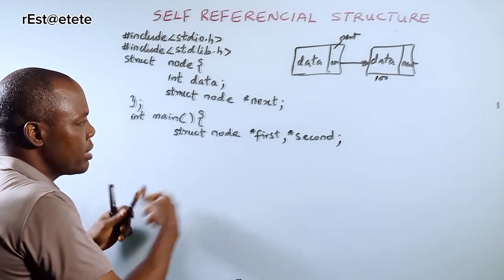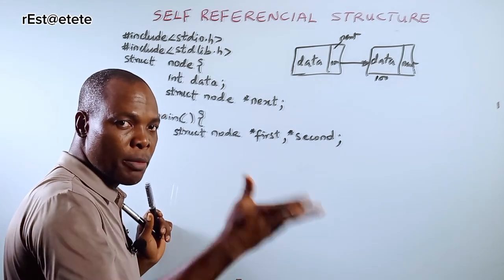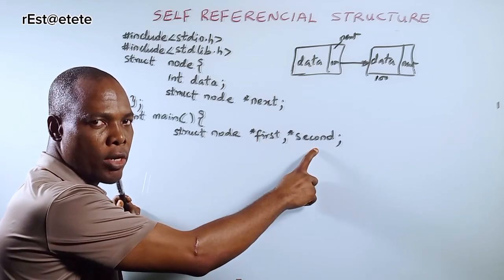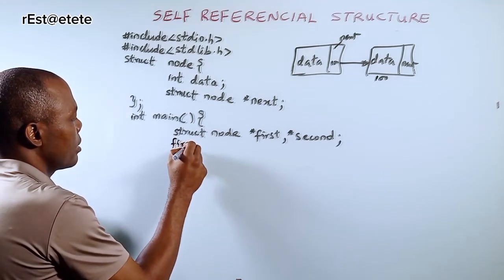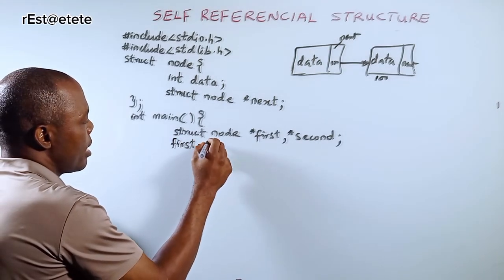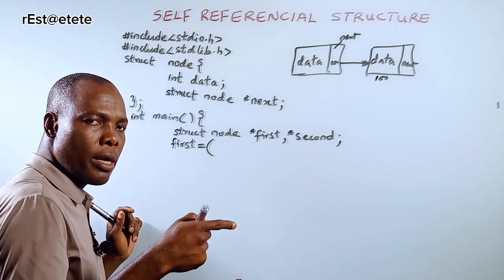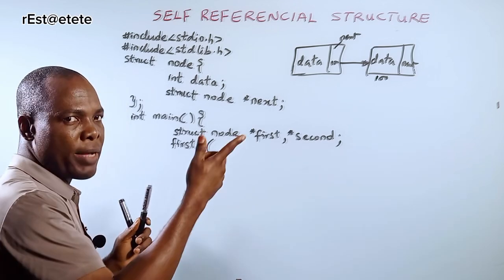So the next thing I will do is create dynamic memory in the heap, and then point this pointer to it, and point the second pointer to another one. So first, because I'm going to use my malloc function, and malloc will return a void data type, I have to typecast it to what?